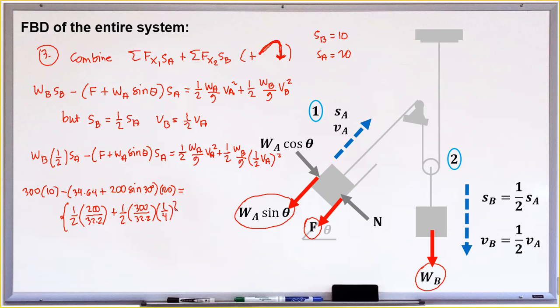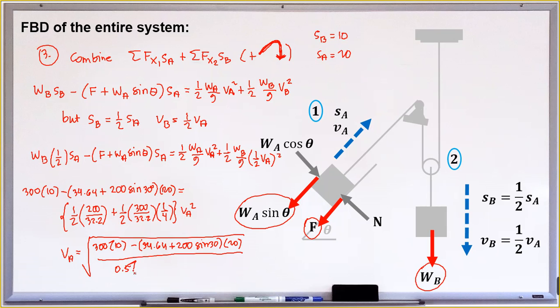On the right side of the equation I factor out VA squared, so that we get the value of VA, which is equal to 300 times 10 minus 34.64 plus 200 times sine 30, times 20, all over 0.5 times 200 over 32.2 plus 1/2 times 300 over 32.2 times 1/4.